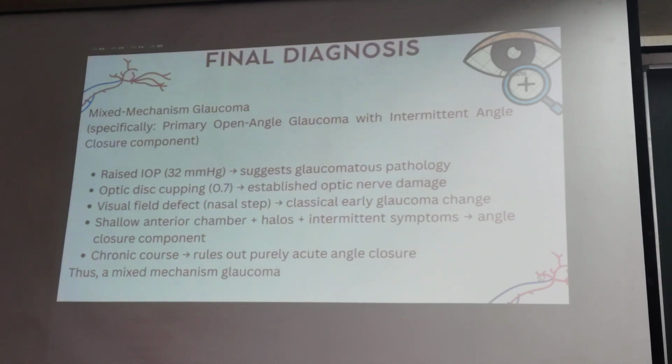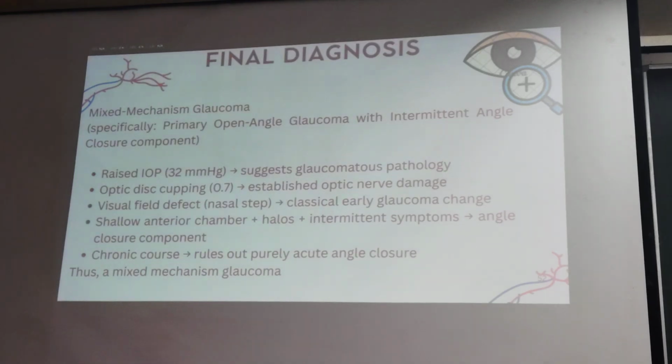The visual field defect, which is early glaucoma change, and raised intraocular pressure, which suggests glaucoma pathology, and increased cup-disc ratio, which suggests optic nerve damage, are the symptoms of open angle glaucoma, while the shallow anterior chamber, halos, and intermittent blurred vision are the symptoms of angle closure glaucoma.